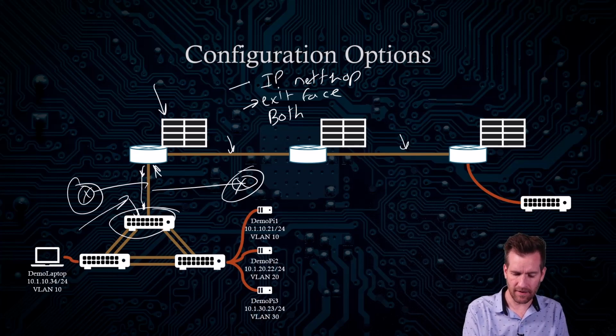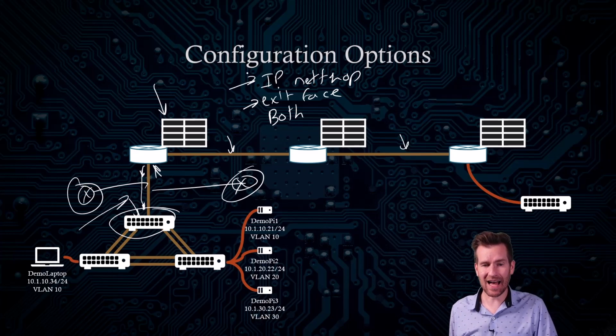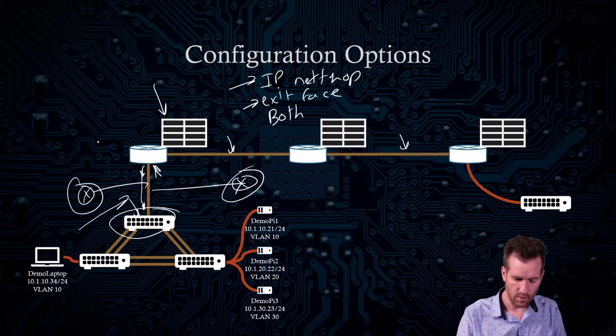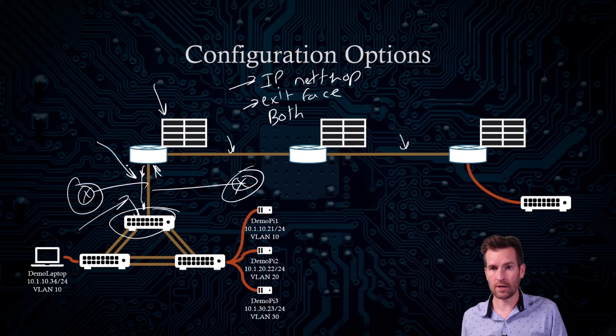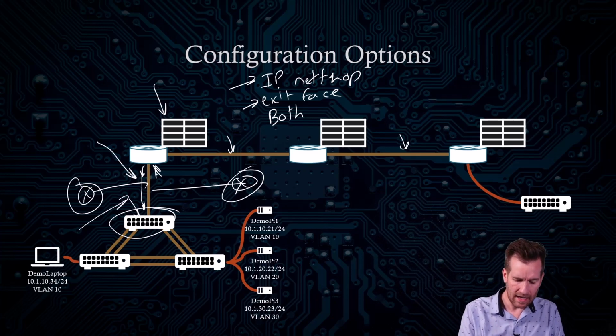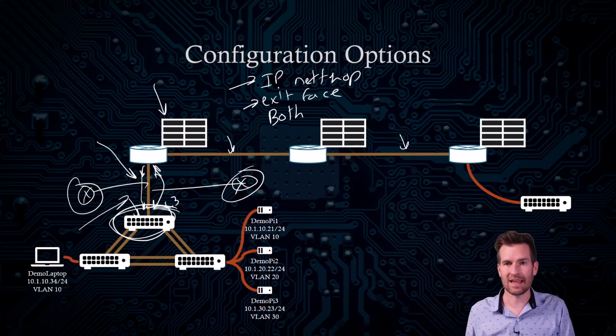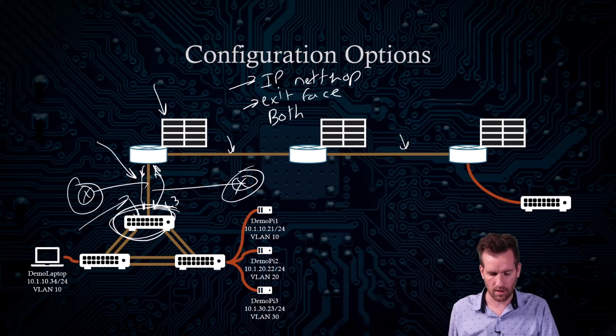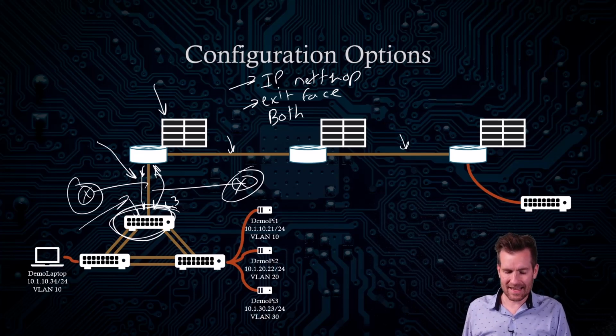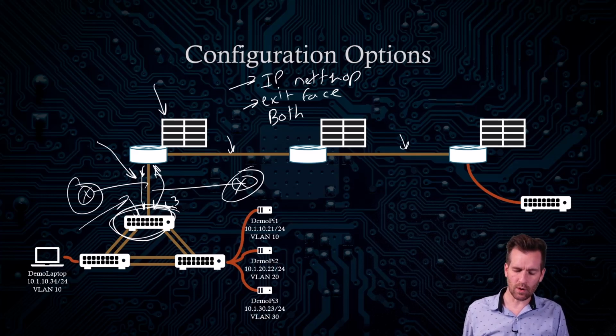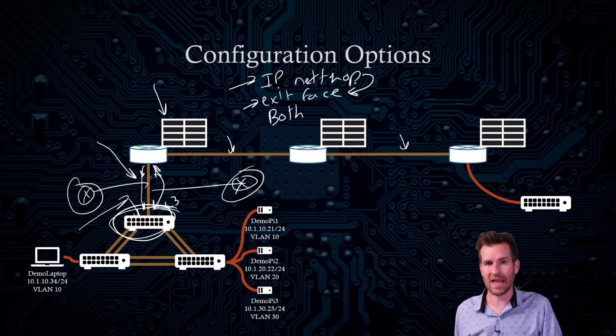Then we can specify the IP next hop, which works great in situations like when you're working with Ethernet. Then it knows where it needs to go. It knows that it needs to go to this layer 3 switch to get to the 10.1.10.0 network. But the problem with that is it then has to do a recursive lookup to see what exit interface it goes out of.